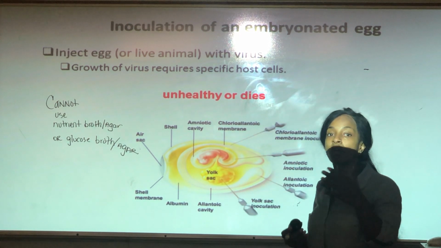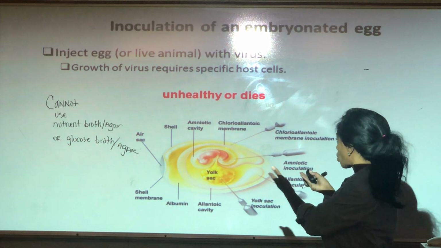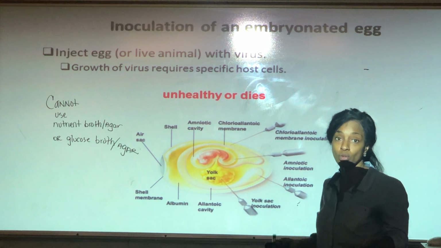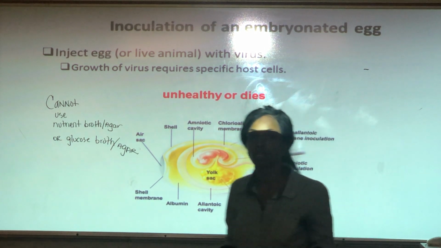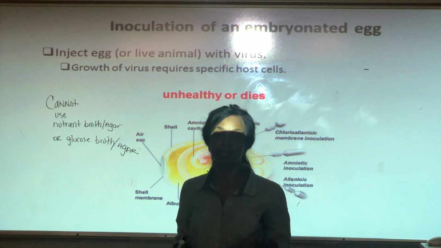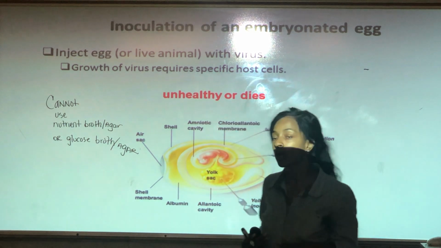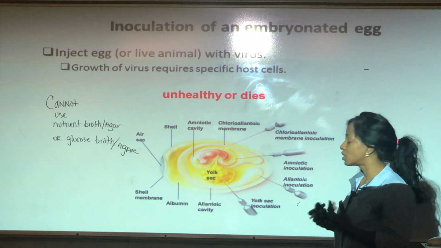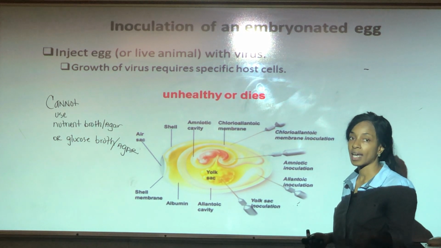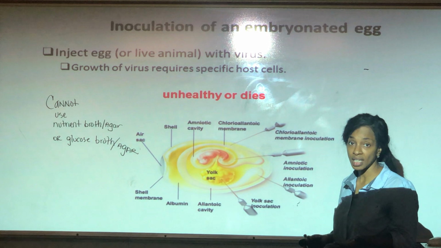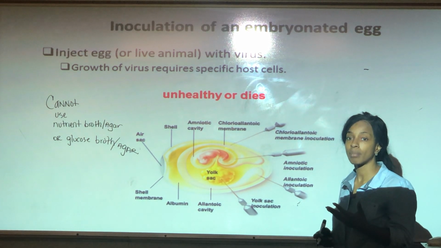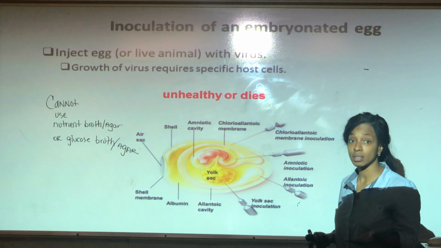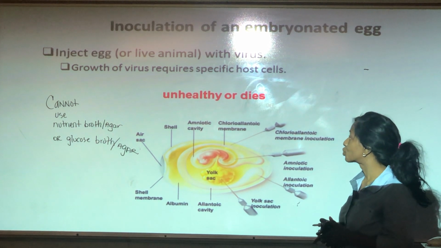So either the egg or this growing embryo will die, or it will get sick, or maybe it might present some sort of tumors, but it will show some signs that it has been infected. And from there, once the virus is growing inside and we see these signs, we can extract these viruses to study them. We can also extract them to make things like vaccines, all right? So this is one way to grow your virus.